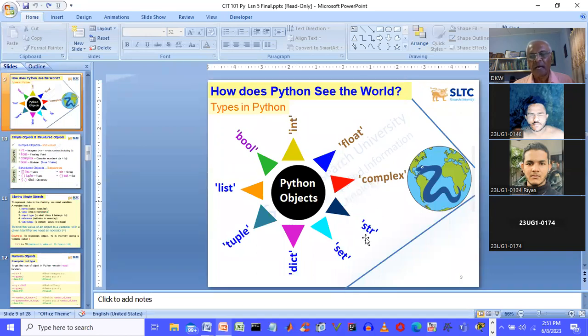Then Python sees non-numeric things. From here to here are the non-numeric things. Python groups these types into something called str. Str is a string, a collection of characters.